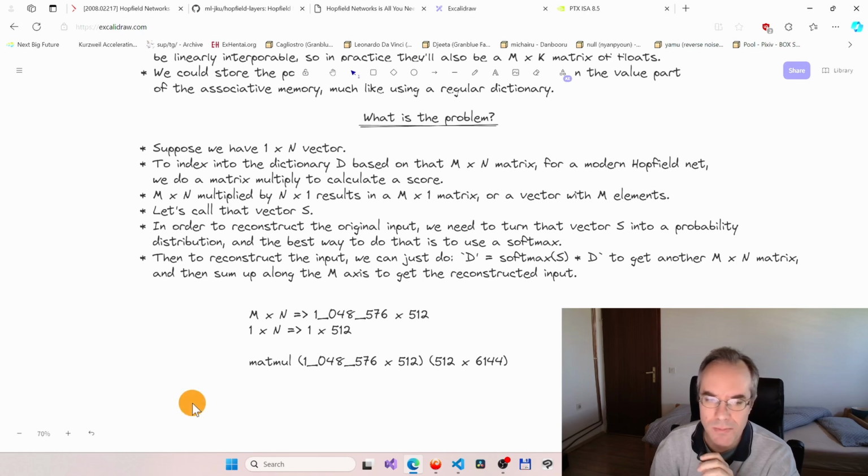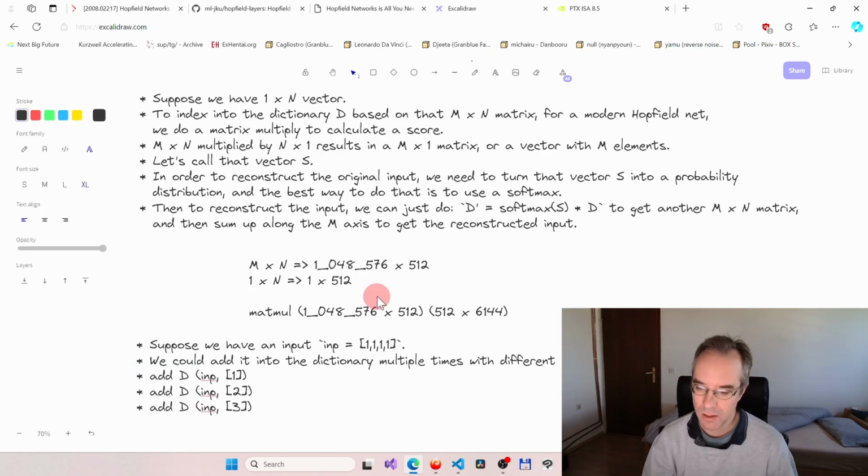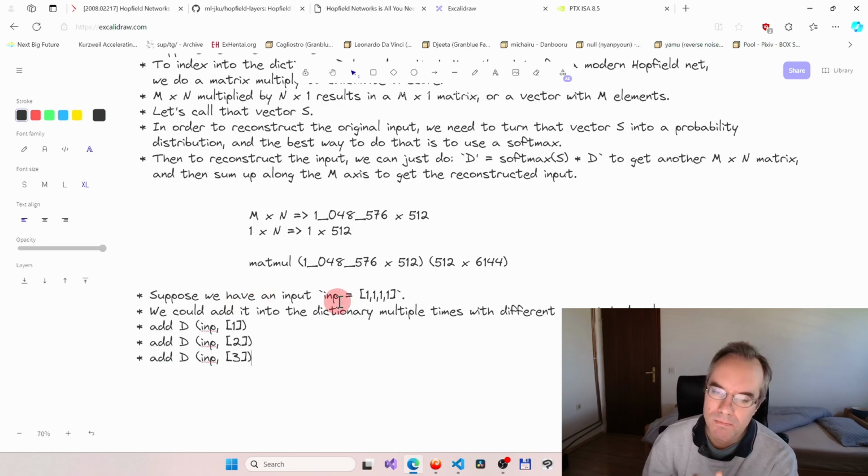Let me pause for a bit. Suppose we have an input. This is the variable imp, and it equals this vector. And it could really be anything. It doesn't matter. Since we won't be considering any other possible inputs, we could add it into the dictionary multiple times with different associated values.